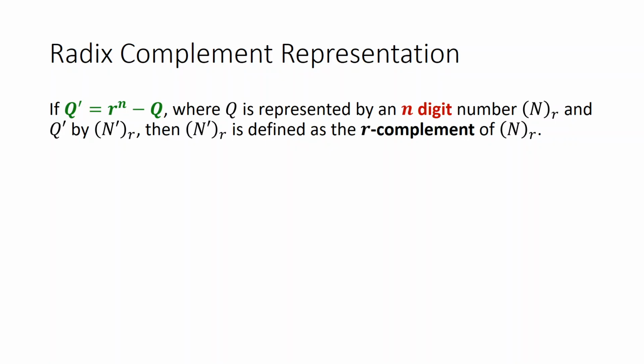So let us look at the radix complement representation, how it is framed. What we are saying is that if there is a relationship between two quantities q and q bar or q dashed, q dashed I have written here, sometimes you will see bar.